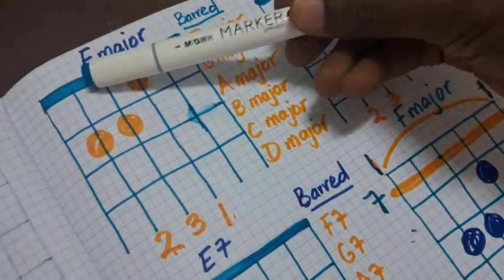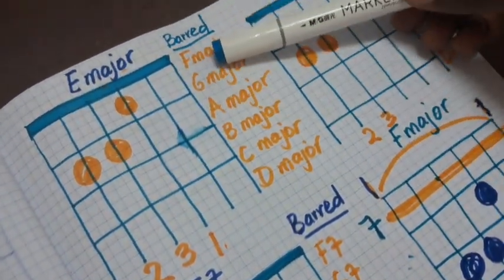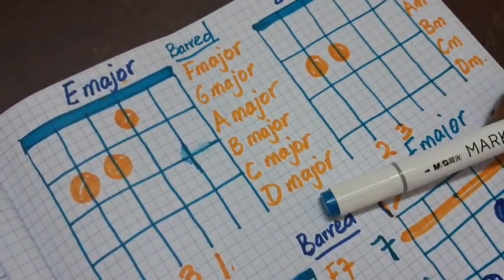With this formula of E major, we're able to create all these keys.